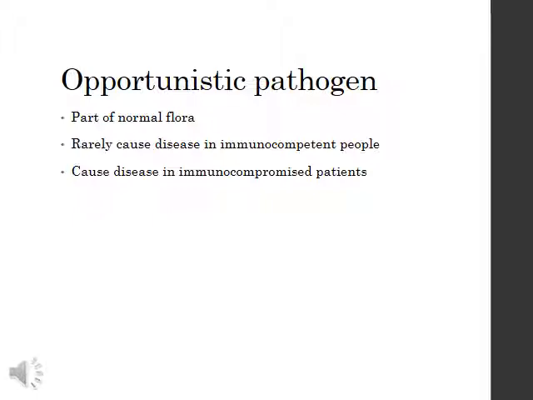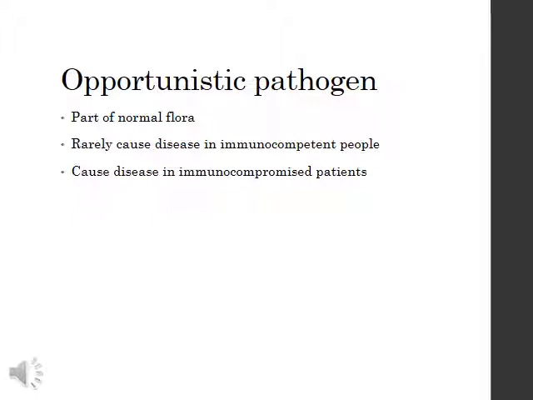In our previous lecture, we studied normal flora. And in that, I told you about opportunistic pathogens. What are opportunistic pathogens? Normal flora are part of our opportunistic pathogens. When they get an opportunity to invade the tissues and cause signs and symptoms, they invade.